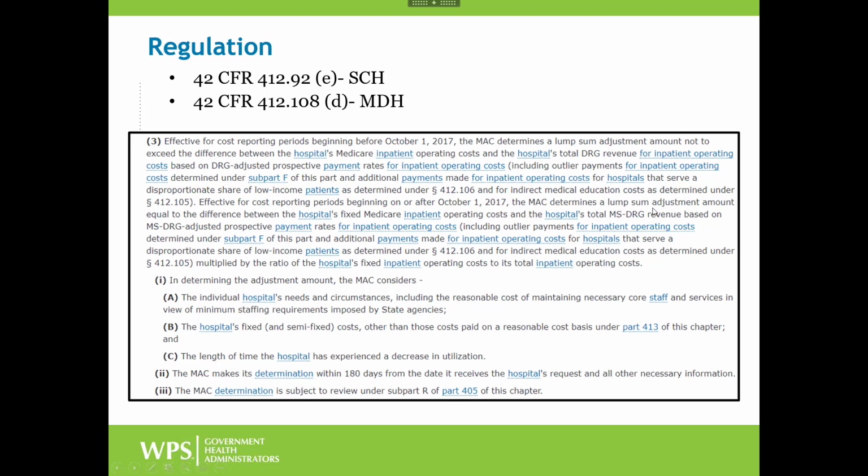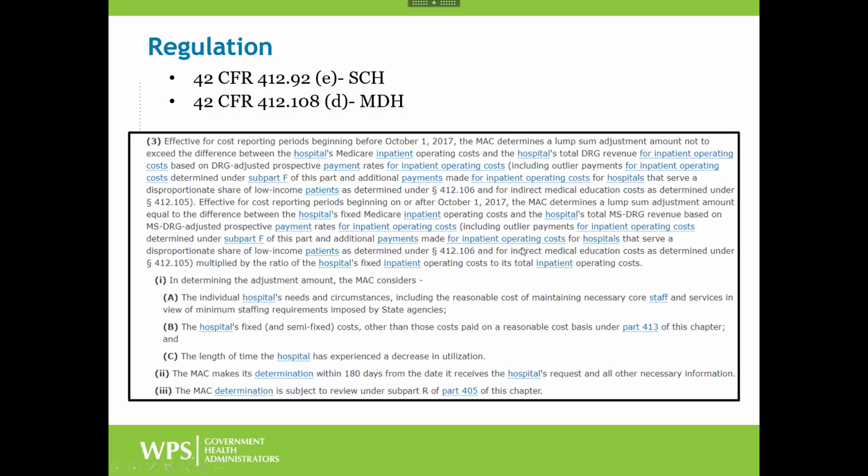The MAC determines a lump sum adjustment amount equal to the difference between the hospital's fixed Medicare inpatient operating costs and the hospital's total MSDRG revenue. In other words, the federal, hospital specific, all of that, including outliers and also including the DISH, IME, and there's also the low volume payment if they get it.